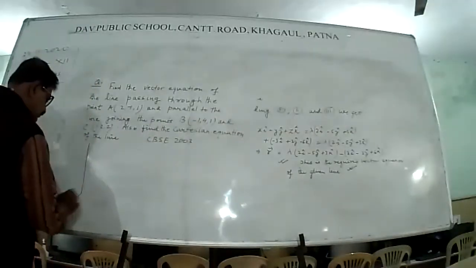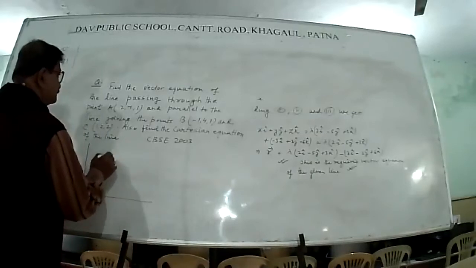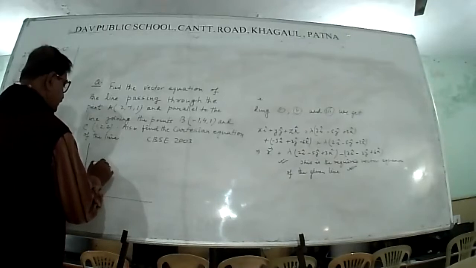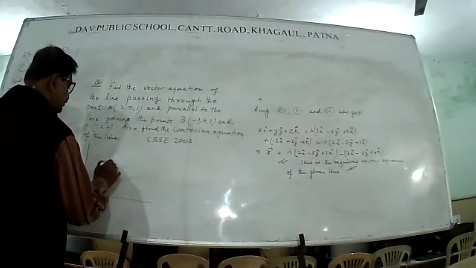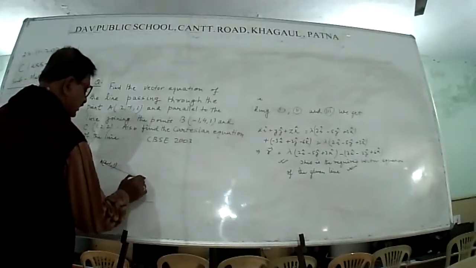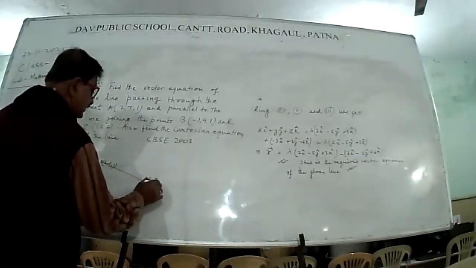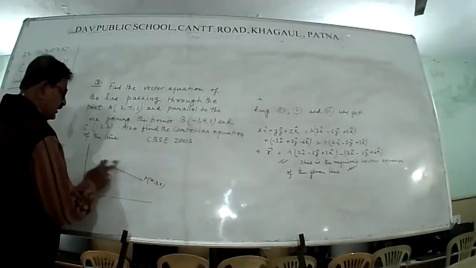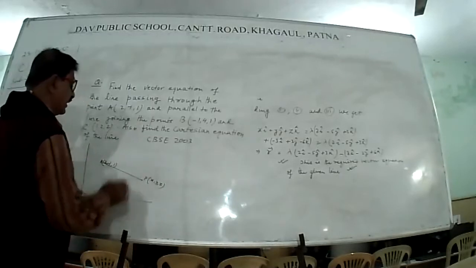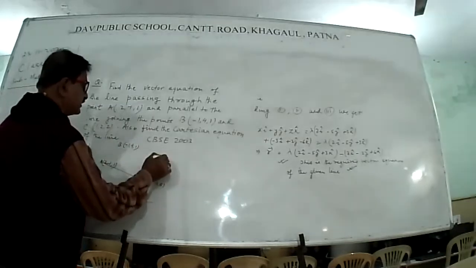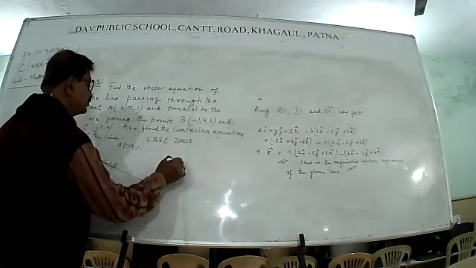So let us draw the figure. Let A be a point in the space having coordinates (2, minus 1, 1), and let P (x, y, z) be a point on the line passing through point A. B is (minus 1, 4, 1) and C is (1, 2, 2).